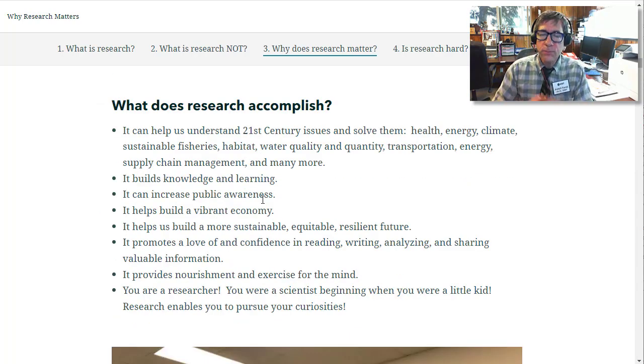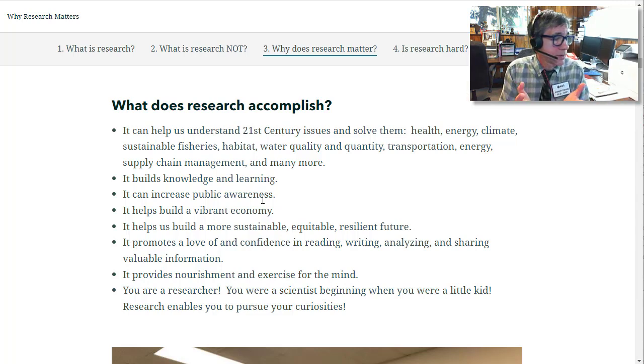What does research accomplish? It can help us understand 21st century issues and solve them. Health issues, not just COVID, but other health issues, preponderance for certain diseases or infections, lifestyles, exercise, etc., the food that you eat, and how it gets converted into energy and health.